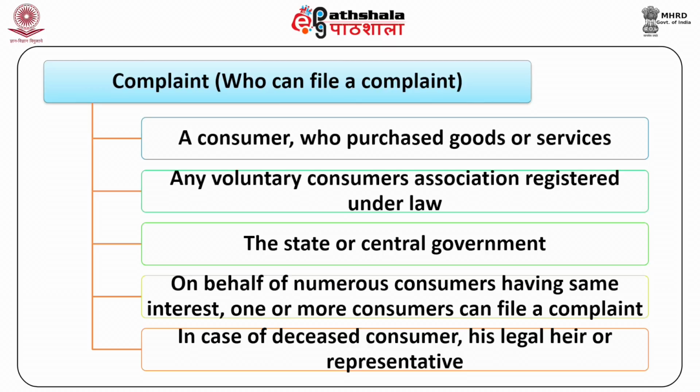On behalf of numerous consumers having the same interest, one or more consumers can file a complaint. In the case of a deceased consumer, the legal heir or the representative could also file a complaint.